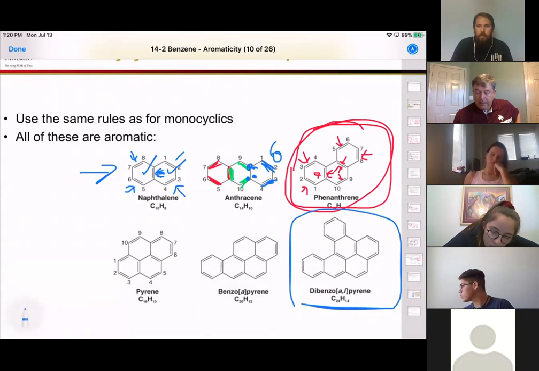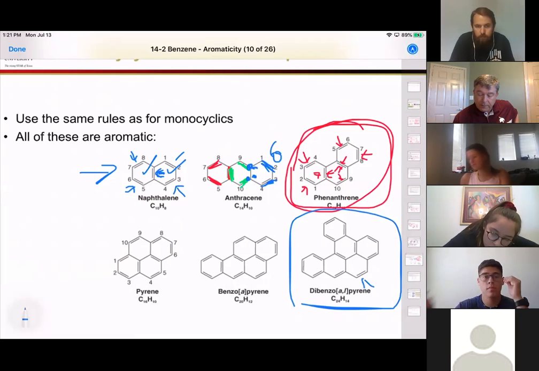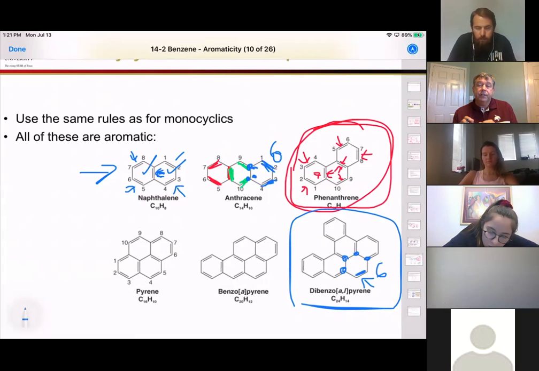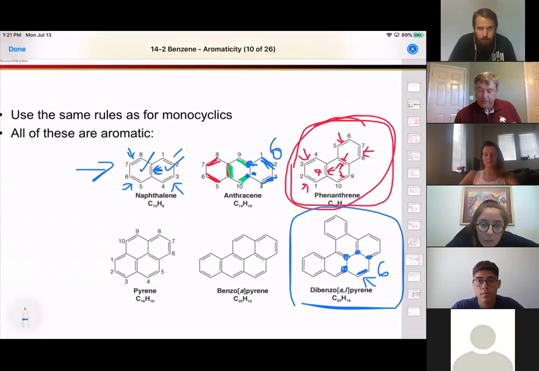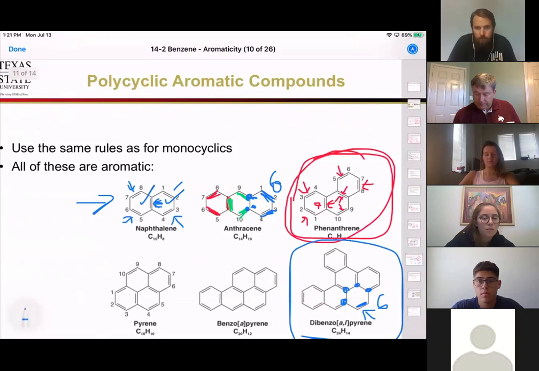this benzopyrene system here. Now, if we look at the benzopyrene, we have to start finding where the electrons are. For example, in this ring right here, we have the 2 electrons from the double bond, but then each of these double bonds can only donate 1 electron to give us a total of 6 electrons. Once we get to these multi-ring systems, it becomes harder and harder to find your 6 electrons. But if you look for them, thinking that a double bond that is terminating into your ring can share those electrons, then, there we go.